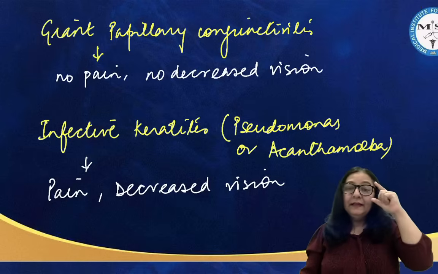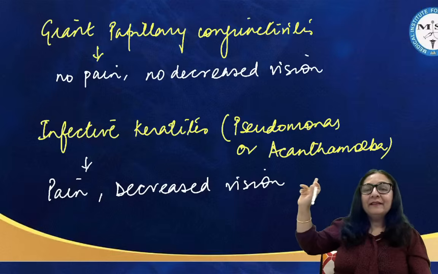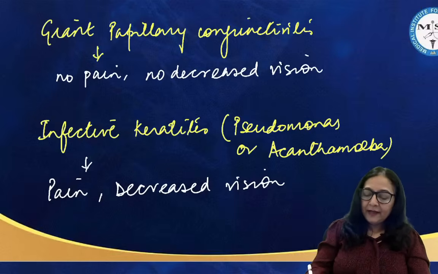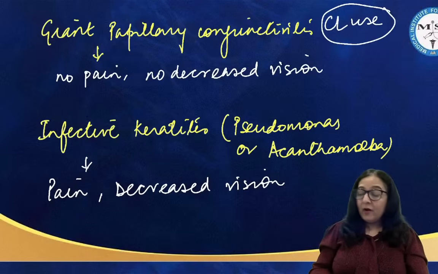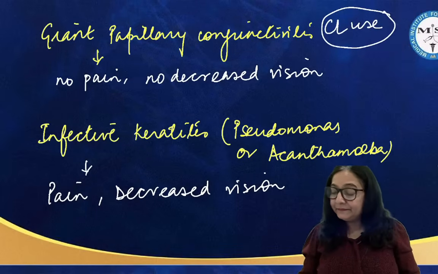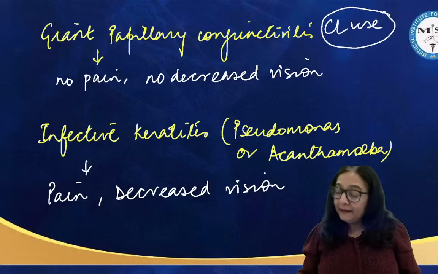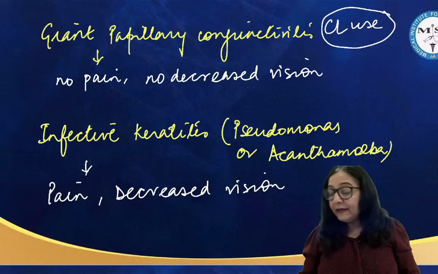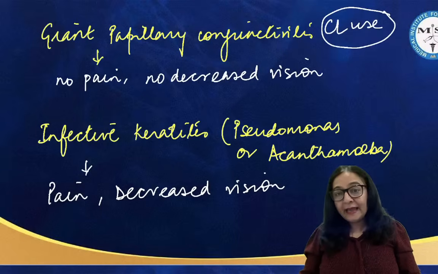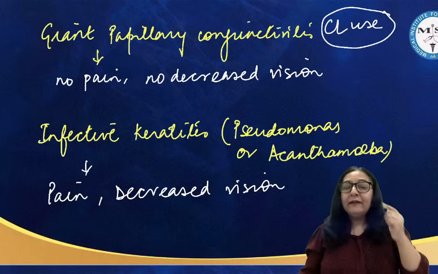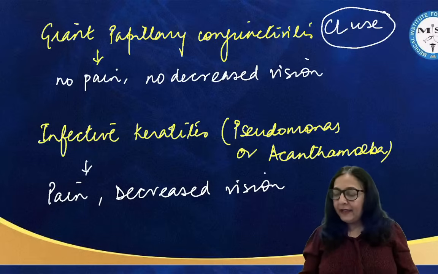Giant papillary conjunctivitis is because of contact lens use. It has no relation to summer or any season. Adherent glaucoma can occur in pseudomonas because pseudomonas ulcers are at very high risk of getting perforation.